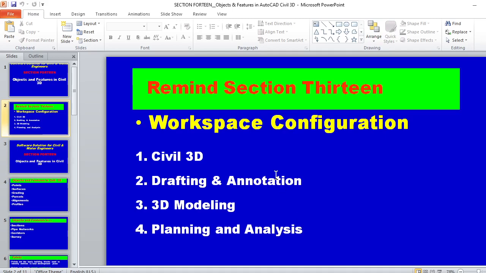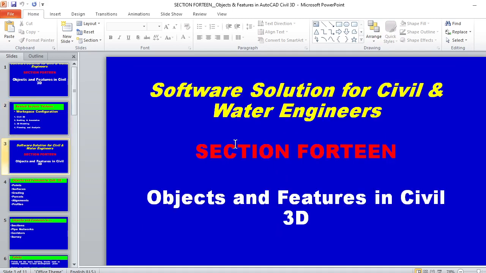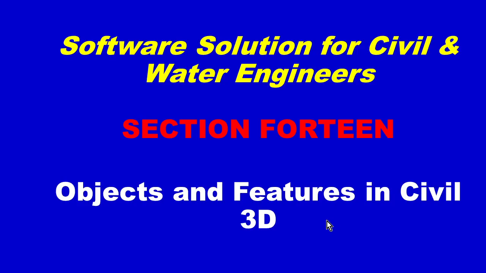Today we are going to see the objects and features in Civil 3D. You have to know all these objects and features so that you perform well in your workspace. What are objects and features in Civil 3D? These are the very important tools or objects that we use frequently for our work.